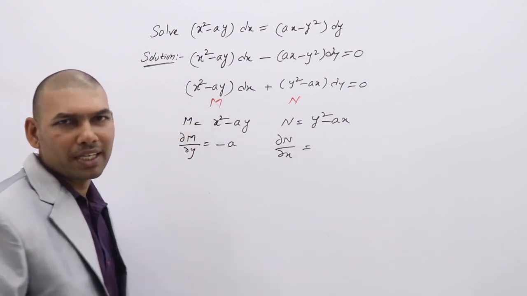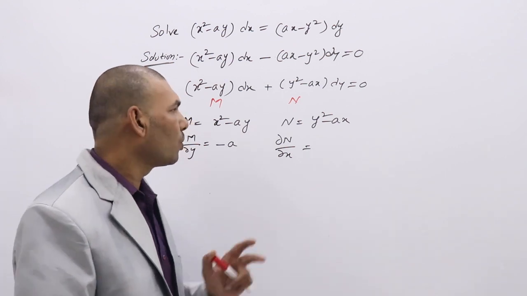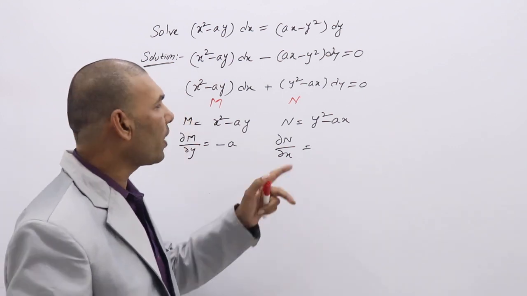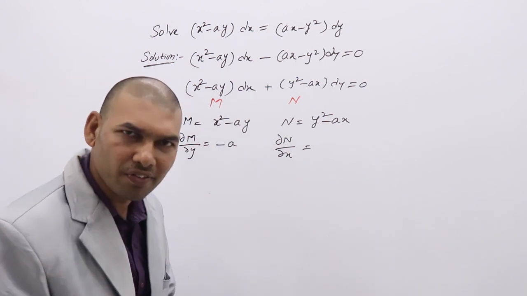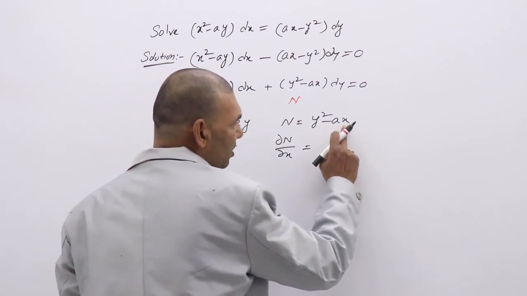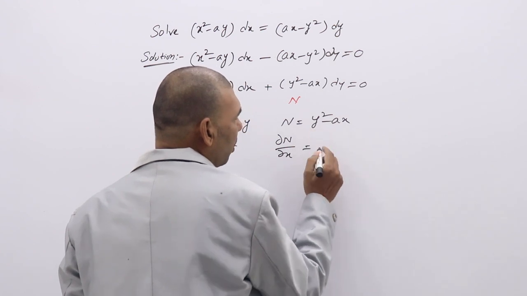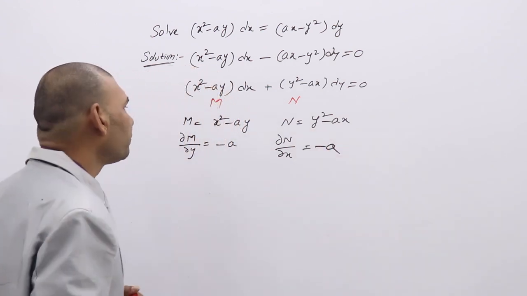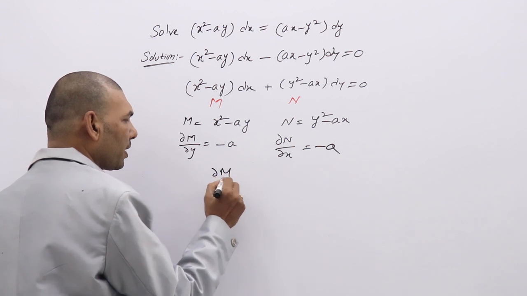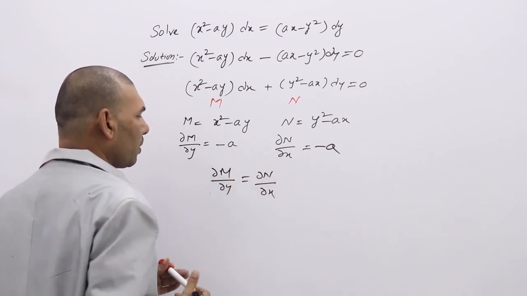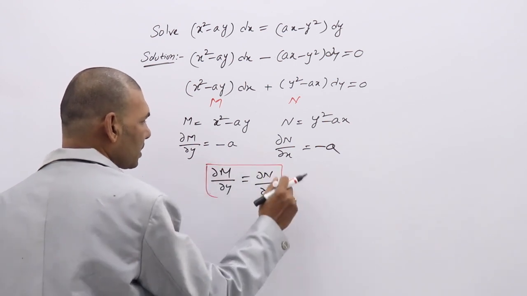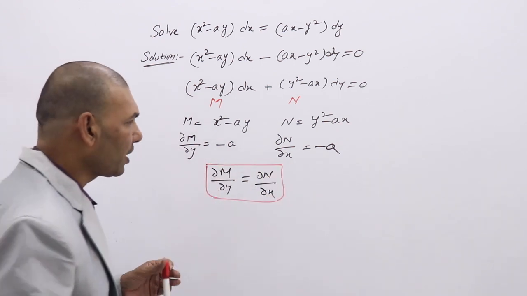Differentiate with respect to x, differentiate x terms only, don't differentiate y. If you don't find x in the first term, keep that one as constant. Differentiation of constant is 0, and differentiation of x is 1, so this becomes 0 minus a. Now see, ∂M/∂y equals ∂N/∂x. Then what happens? The given DE is exact.